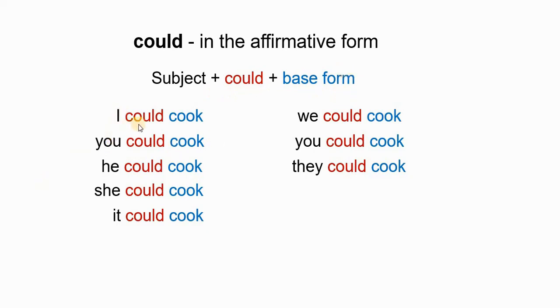So, I could cook, you could cook, he could cook, she could cook, it could cook, we could cook, you could cook, they could cook. Alright, so only the subject changes.